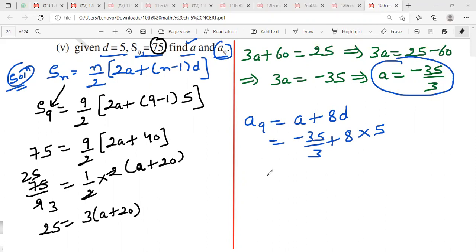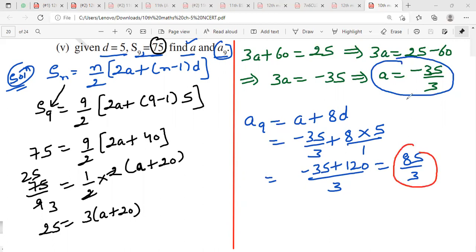So after taking LCM, it will be 3, so it will be minus 35. 8 fives are 40, and 40 into 3, that is 120. So 120 minus 35 will be equal to 85 by 3. So these are the required answers of this question: the value of A is minus 35 by 3, and the value of A9 is 85 by 3.